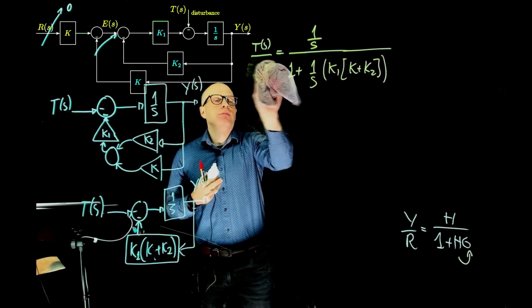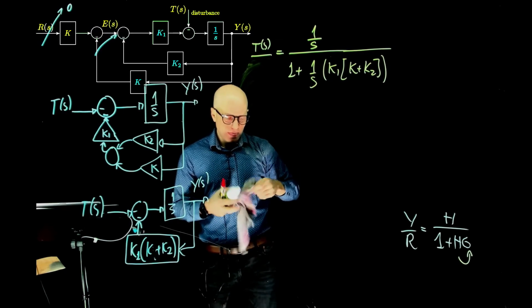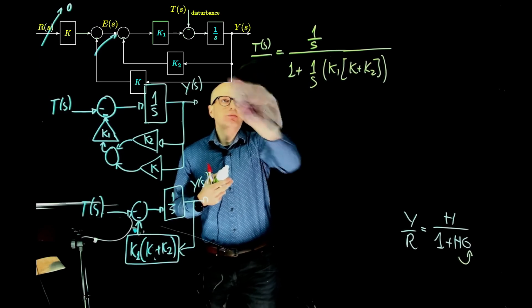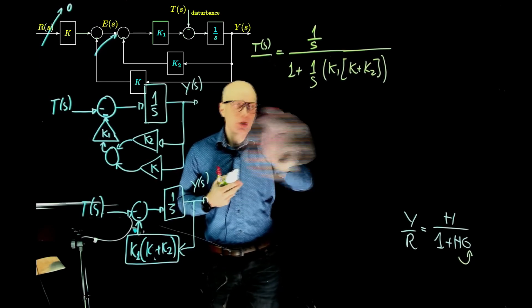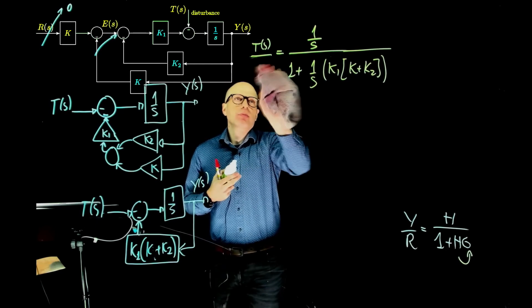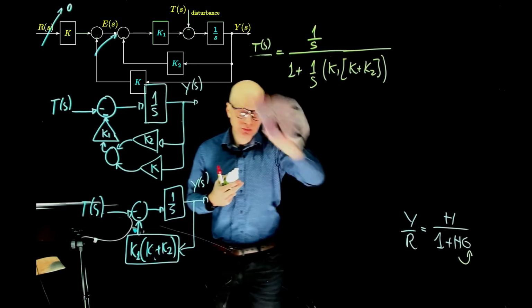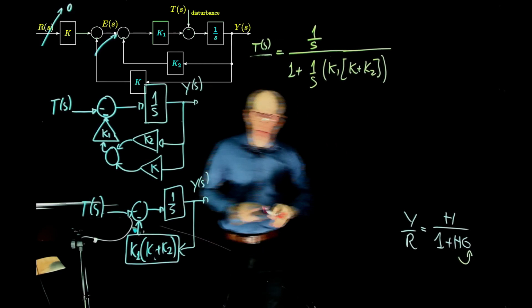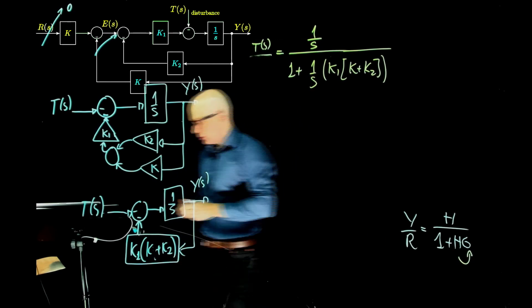Professor, I have a question here. In this model, because T of s is negative to the system, usually we consider it as positive. No, we are going to change the sign to negative as well, one step at a time. So let's do it again.